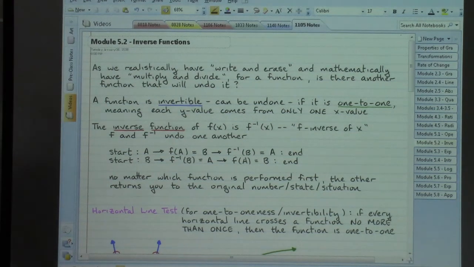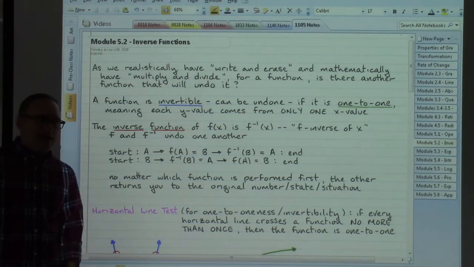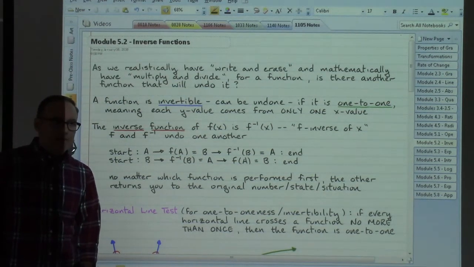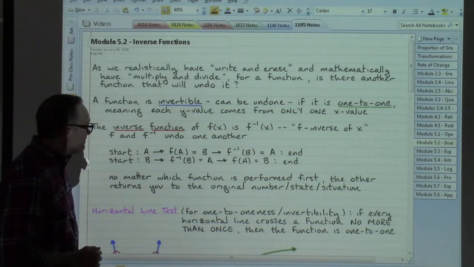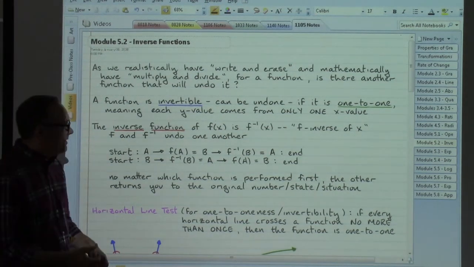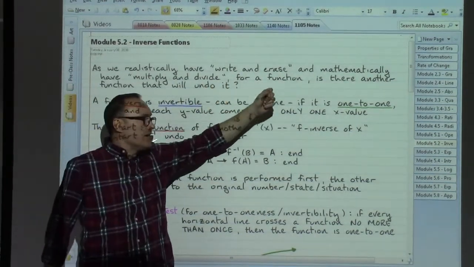So if you're watching these videos in order and you've just finished the video about operations of functions, we had been talking about the idea of composition and decomposition. And so we want to take that idea, that theme of being able to undo stuff, and expand on it. Realistically, you write something, you can erase it.